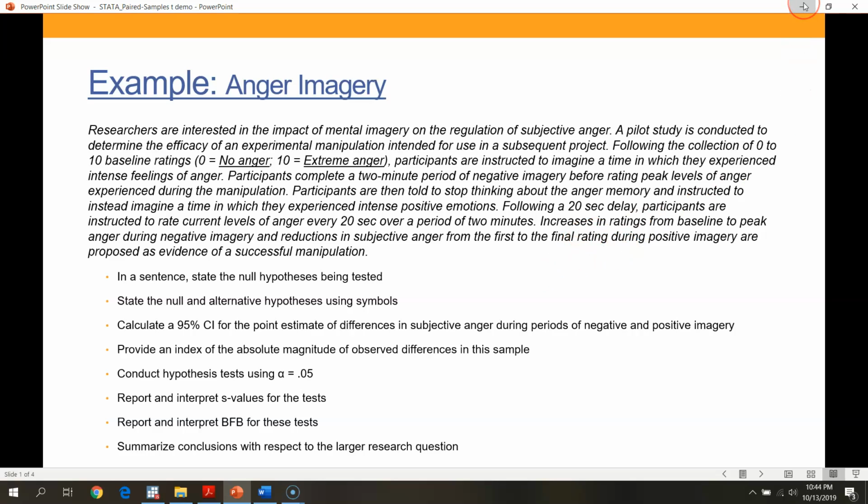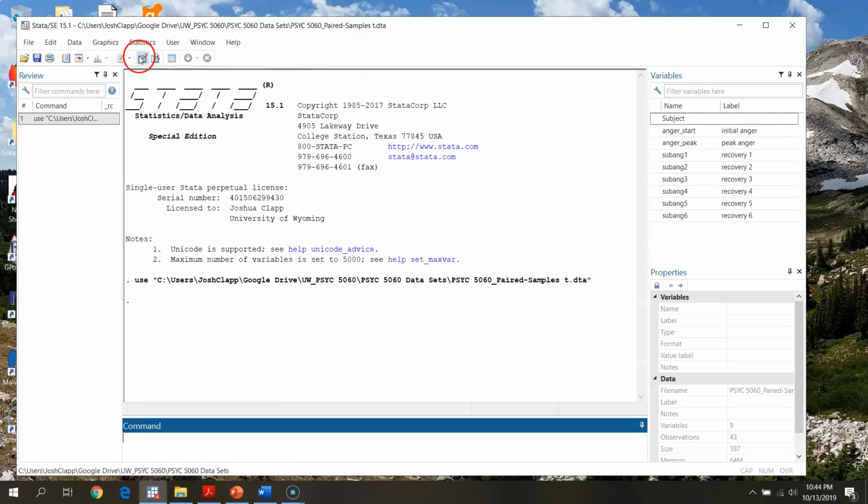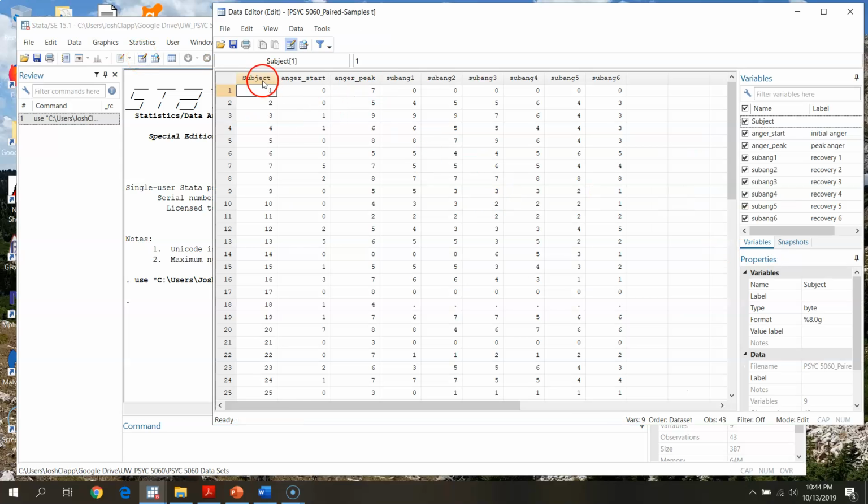Okay, so going through, again, taking a look at our data here, we've opened this up in Stata. If I open up my data editor, it pops up here. Here we have our participant number for this pilot. We have baseline anger, or where anger was when people started, their peak levels of anger during that negative imagery period, and then here we have ratings of anger every 20 seconds during the positive imagery.